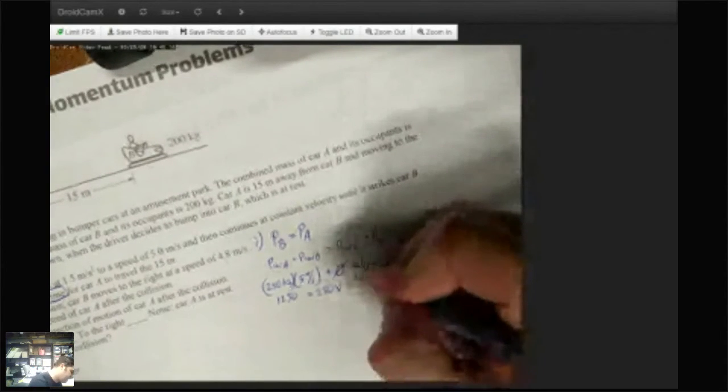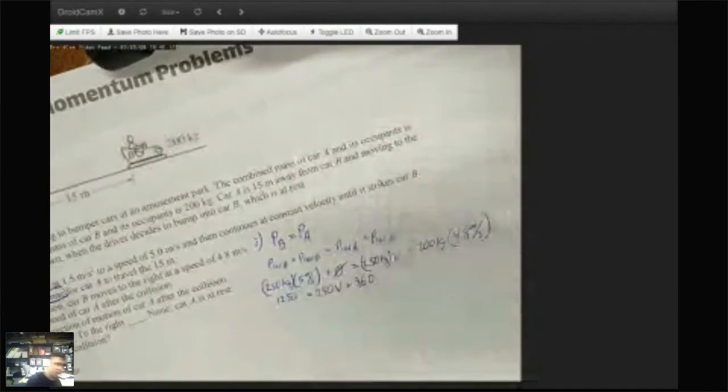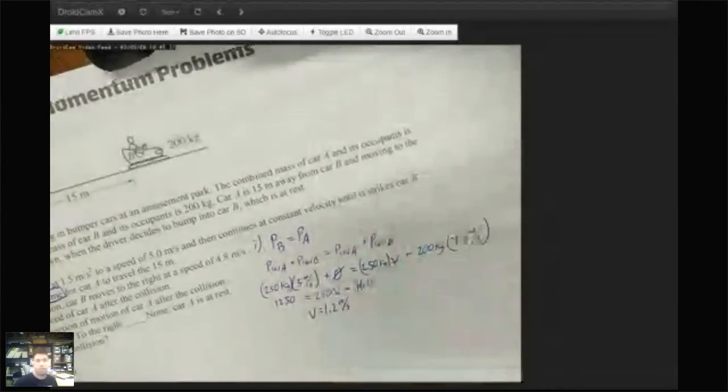This is 960. So 1250 minus 960 is 290, divided by 250 is 1.2 meters per second. Okay, 1.2 meters per second.